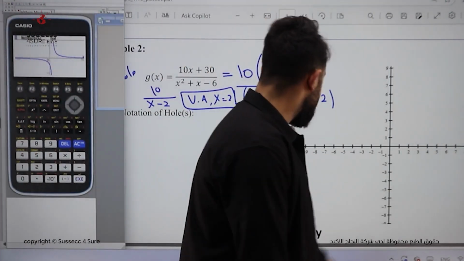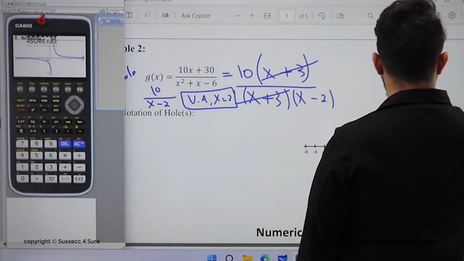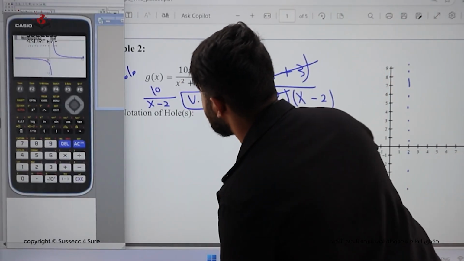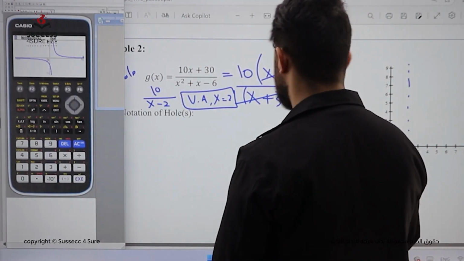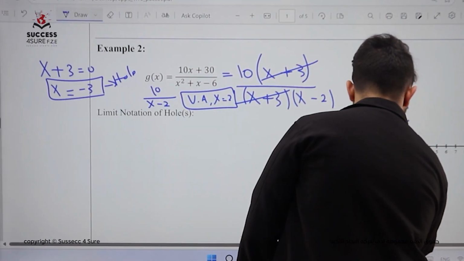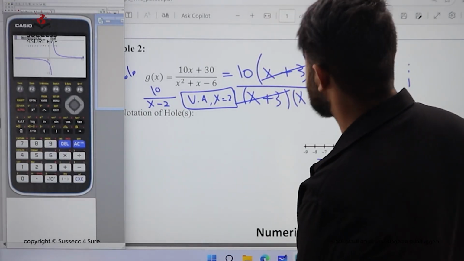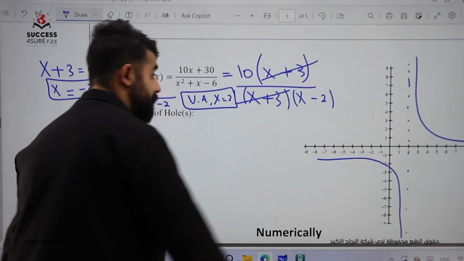We said that we have a vertical asymptote at x equals 2, so we have this vertical asymptote here. To draw the function, it is going to increase from this side like this, and from the right side it is like this. So this is the graph of our function.